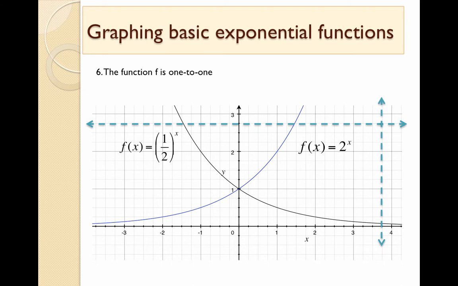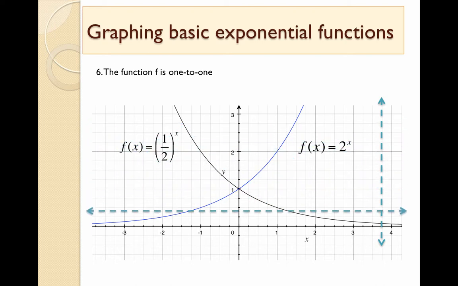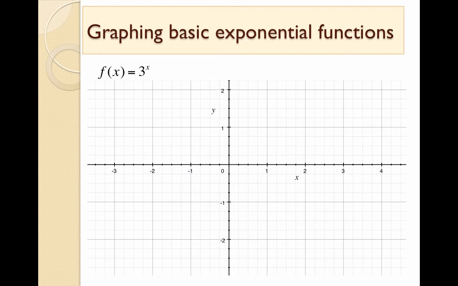Now to test to see whether it's actually a one-to-one function, we use the horizontal line test, which says move a horizontal line up or down, doesn't matter which way, along your graph. And if it does not touch the graph in more than one place, then your function is one-to-one. So 6 basic characteristics help us to graph any basic exponential function.